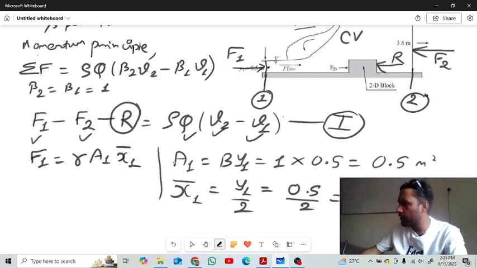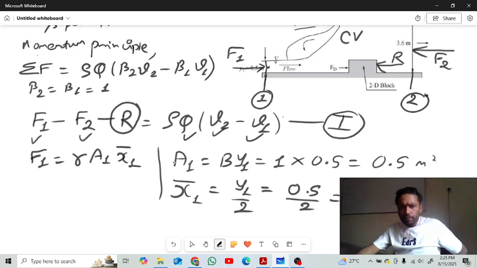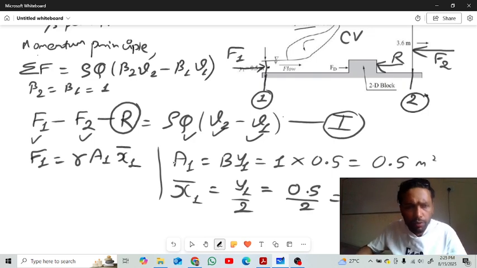So F1 is equal to gamma, that is 9810, times A1 equal to 0.5, times x1 bar equal to 0.25.